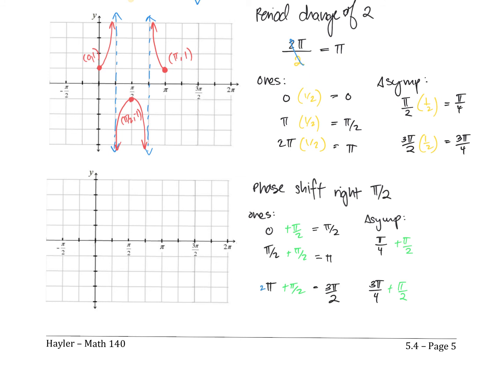For the asymptotes, we need to create the same denominator, so that'll be 2 pi over 4. Same thing with the bottom one, 2 pi over 4. Then we'll be left with 3 pi over 4 and 5 pi over 4. So our new asymptotes are 3 pi over 4 and 5 pi over 4.